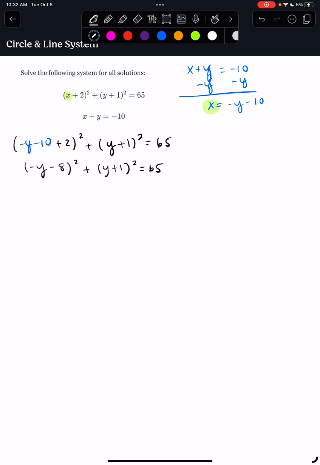And this negative y minus 8, we can think about it as negative y minus 8 times negative y minus 8 plus, and the y plus 1 squared, we can think about it as y plus 1 times y plus 1. Just like 2 squared is 2 times 2, these are the same expression multiplied by itself.